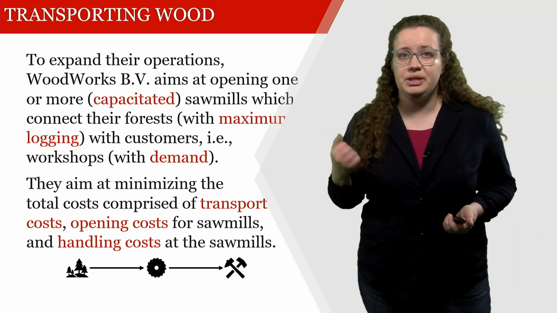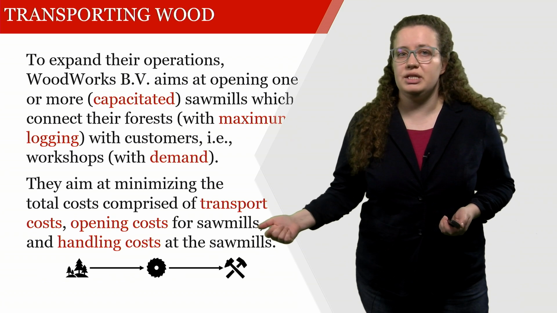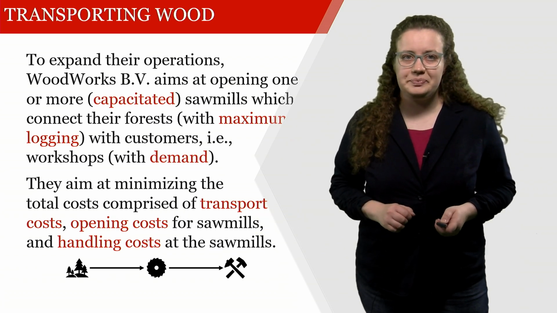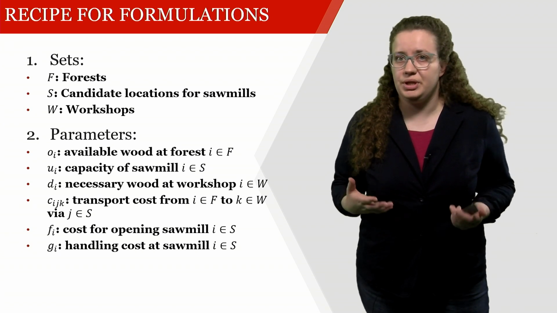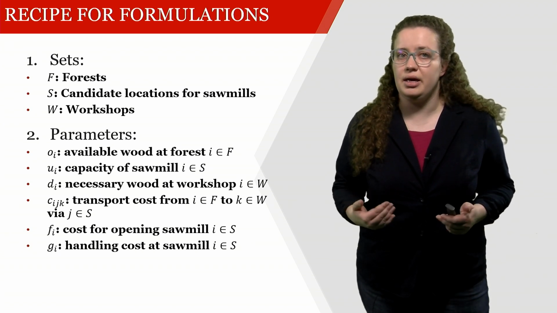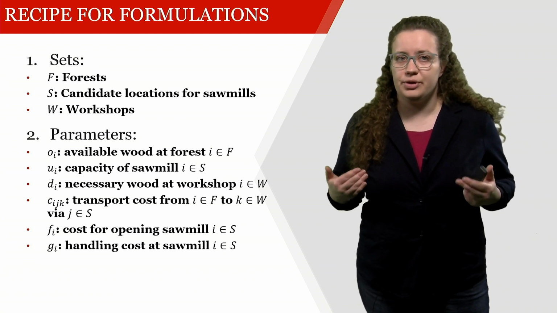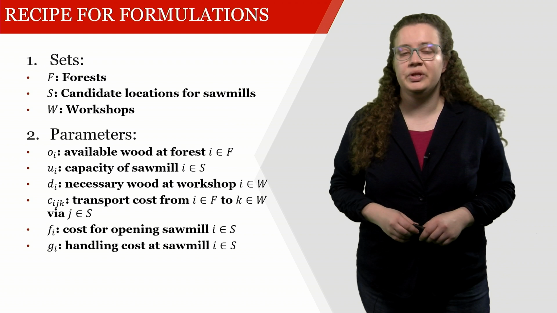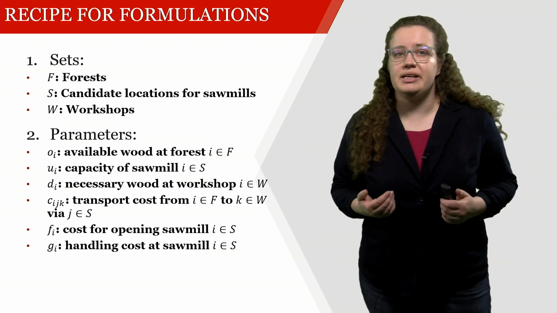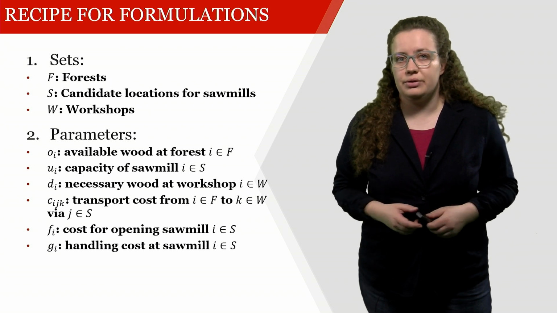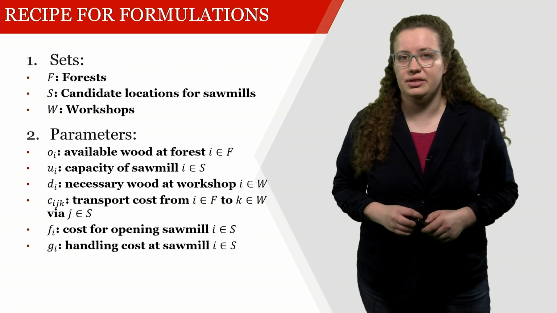So what we know is we need capacities, we need supply, we need demand, and we need transport, opening, and handling costs. This then also gives us the parameters, which we denote as O_i, U_i, and D_i for supply, for capacity, and for demand. And then C_ijk for the transport costs, F_i for costs of opening a sawmill, and G_i for handling costs at the sawmill.